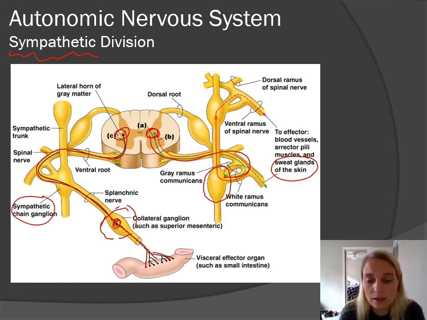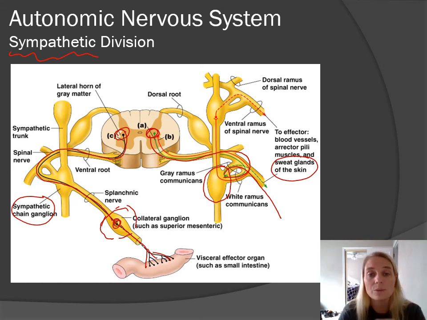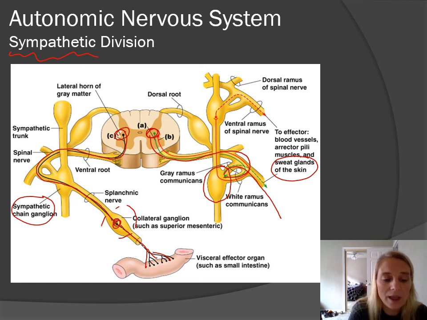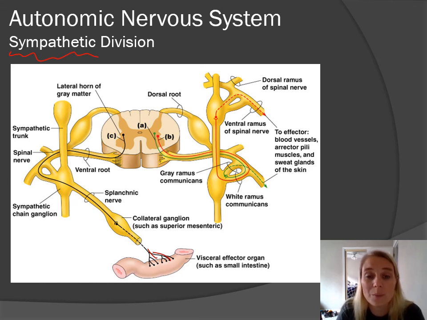And then our postganglionic neuron is going to go right back out, like a ventral ramus, back out to a nerve, which is going to go out to my sweat glands here in my skin. So that's all this diagram is showing. Hopefully, don't let it overwhelm you because I know it can be a little bit confusing. But if you can take away the understanding that there are various pathways that those pre and postganglionic neurons in the sympathetic division take, that's really all I'm looking for your understanding for this.